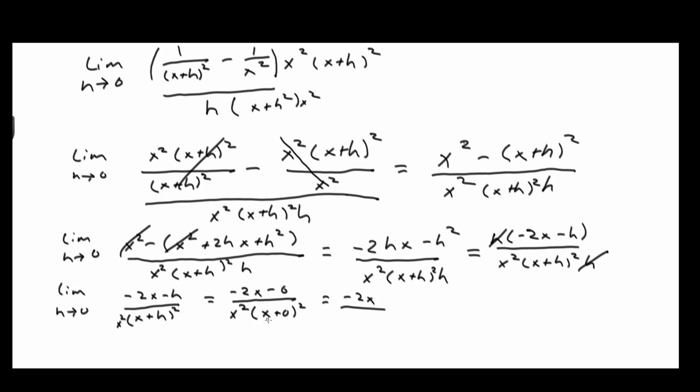And then don't forget to square this, since we have this exponent here, and then that'll be x squared times x squared. And we end up with negative 2x over x to the fourth, and then this can even be reduced further down to negative 2 over x to the third. And that's our final answer.